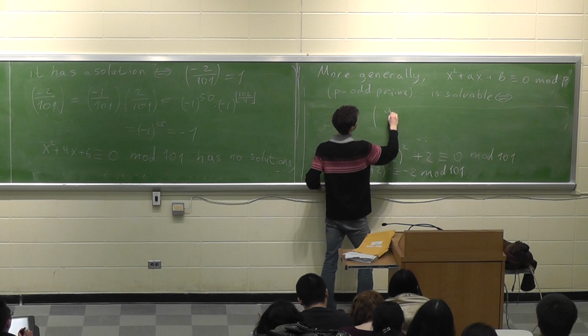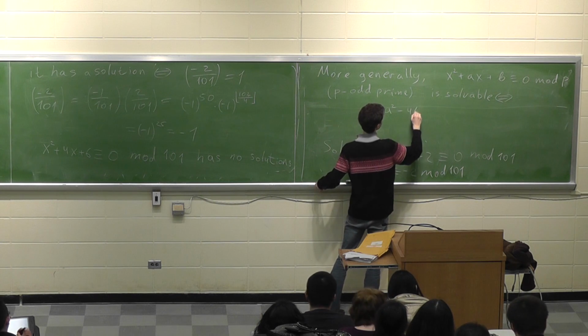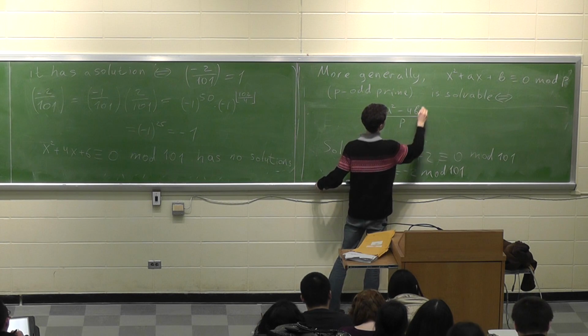That is, if and only if a squared minus 4b is a square modulo p.